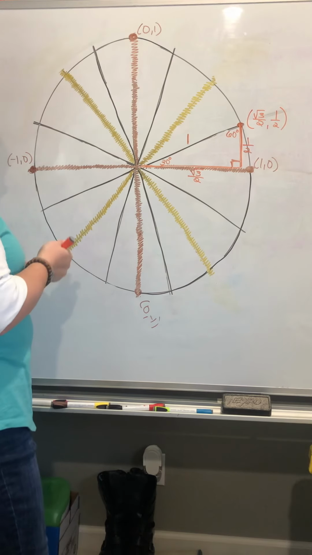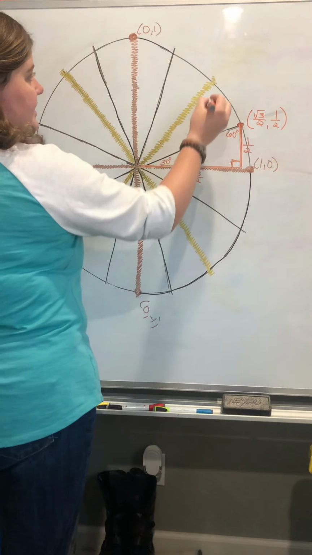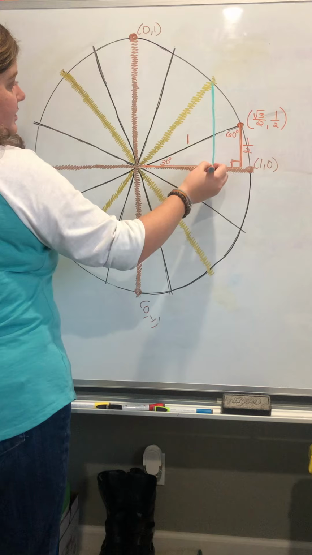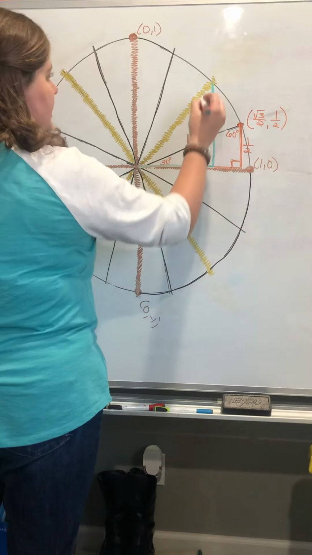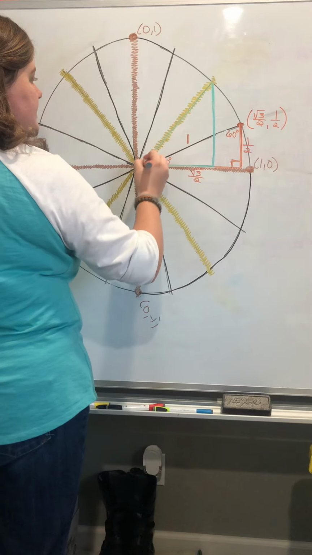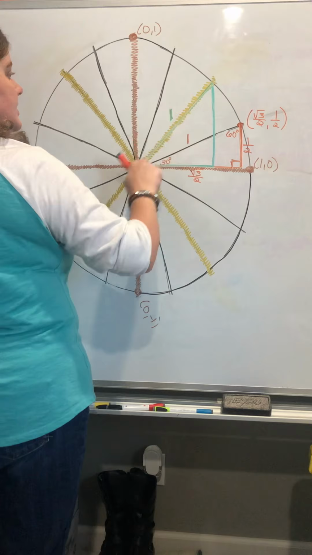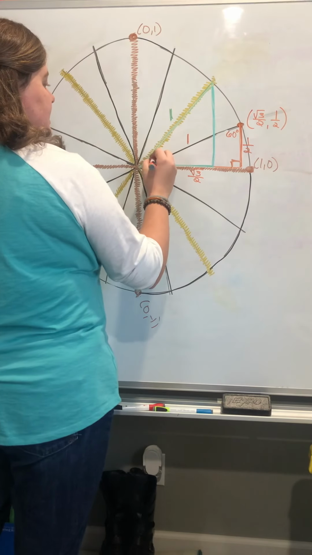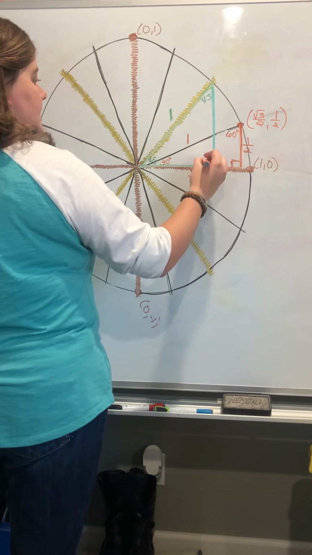Now, when we're looking at this piece, our first 45-degree angle part, you're doing the same thing. You've got a triangle. Let me do a different color here. This triangle also has a hypotenuse of 1, because it's the radius of the unit circle. But our angles this time are 45, 45, and 90.